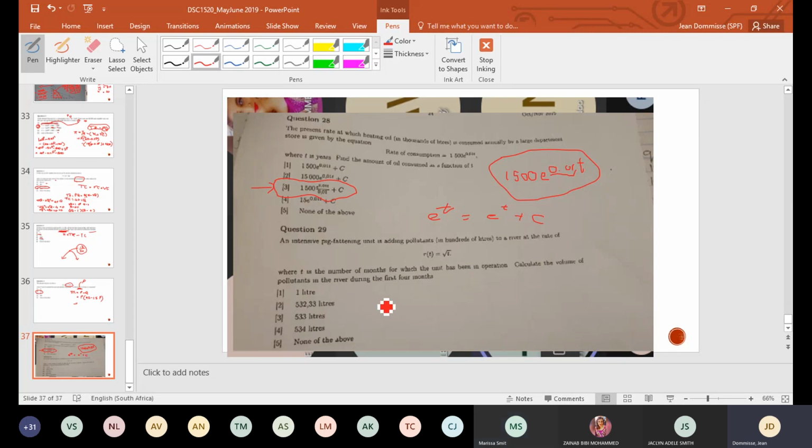The piggy fat one, the intensive pig fattening unit is adding... Sorry, Jean, again here in question 28, why is it not option 4?